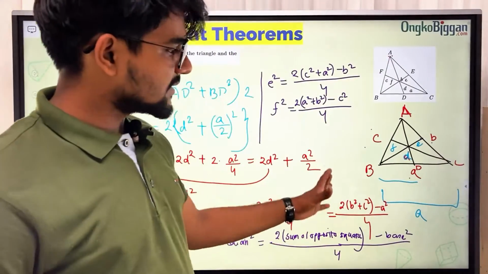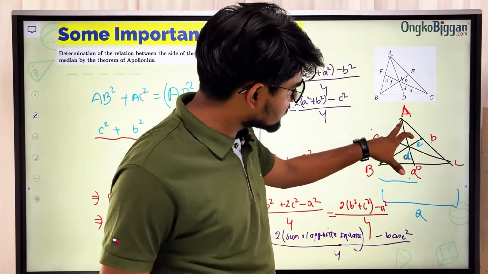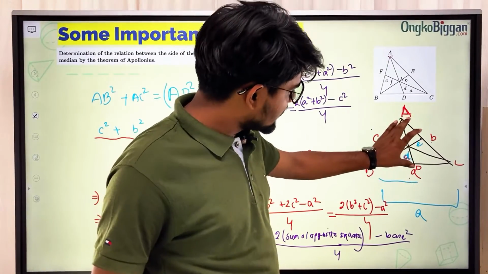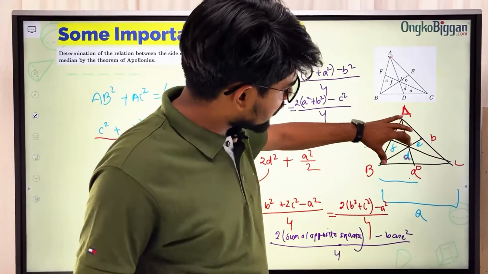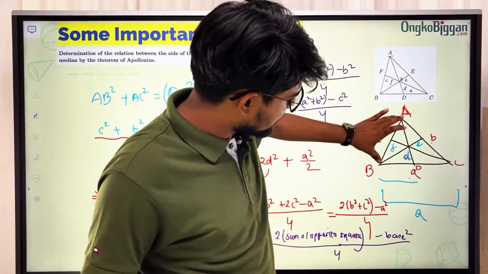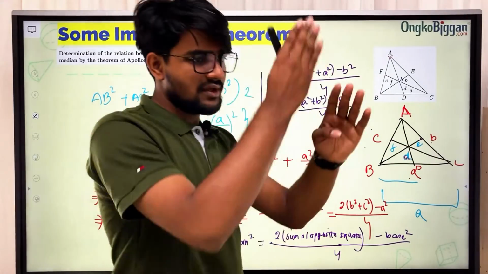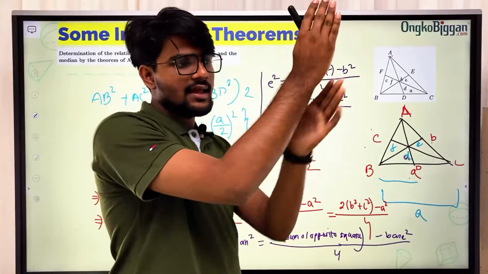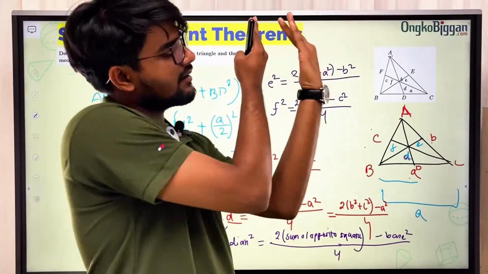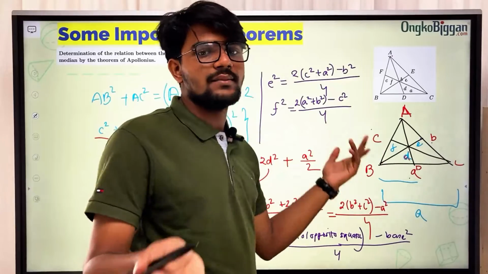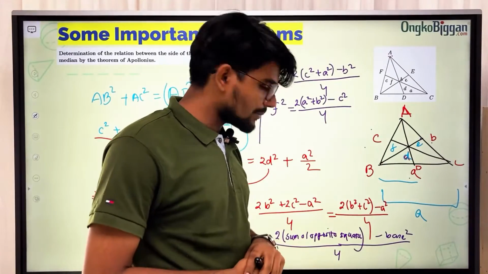Why am I saying sum of opposite? Because the line AD is not directly called AD; the opposite sides are AB and AC. So I call them the sum of opposite sides. If you want to call them a different thing, it's up to you.